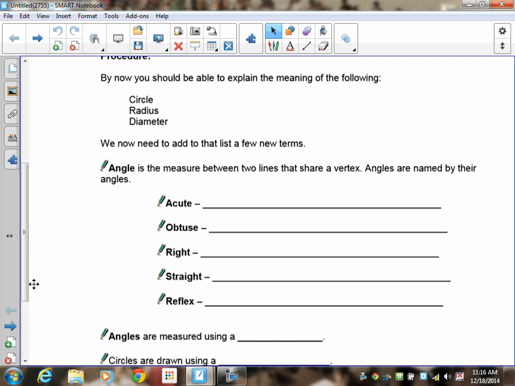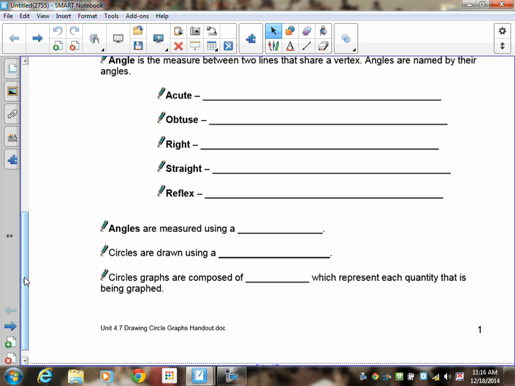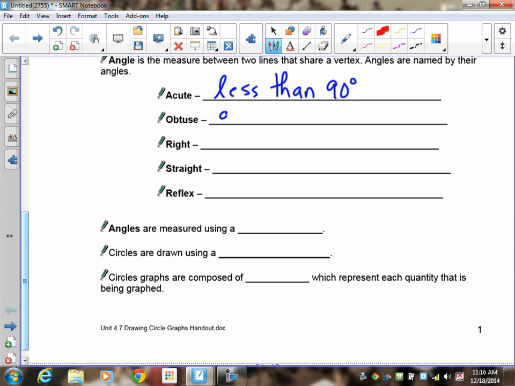Now, we're also going to talk about some of the angles, and again, we've done some of this already. An acute angle is an angle which is less than 90 degrees. An obtuse angle is greater than 90, but it's less than 180.